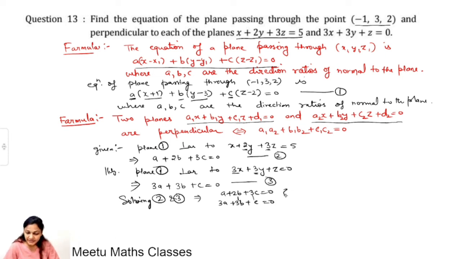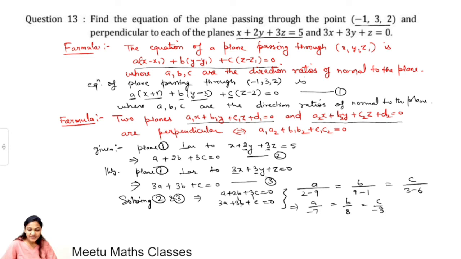Now solving these two equations using the cross multiplication method, we will get a upon 2 minus 9, b upon 9 minus 1, c upon 3 minus 6, and that will give you a upon minus 7, b upon 8, c upon minus 3.